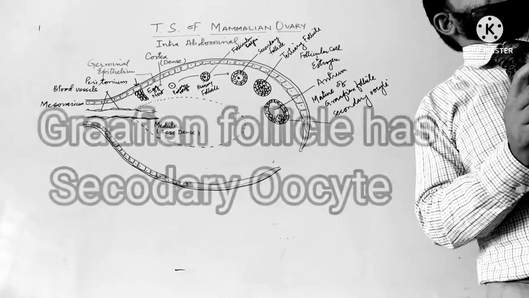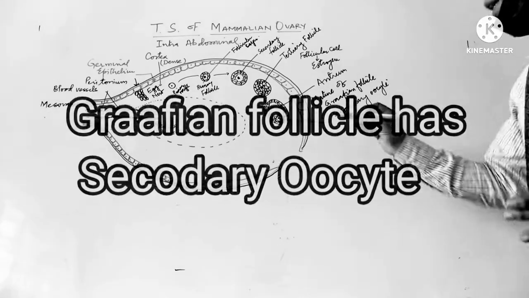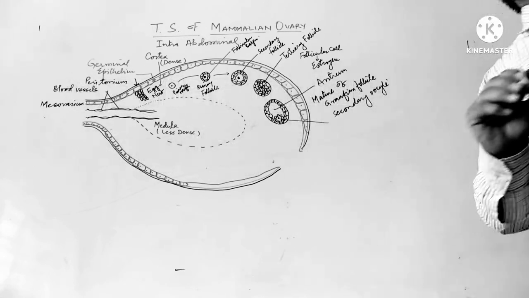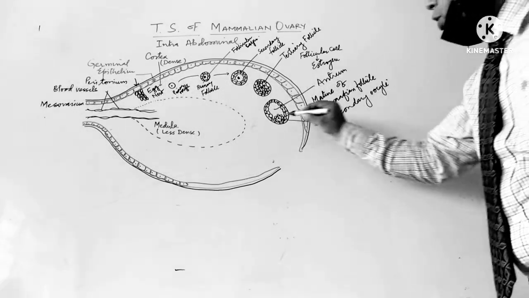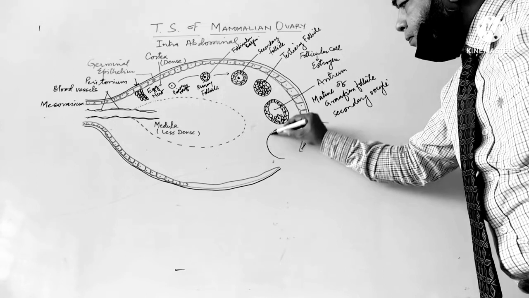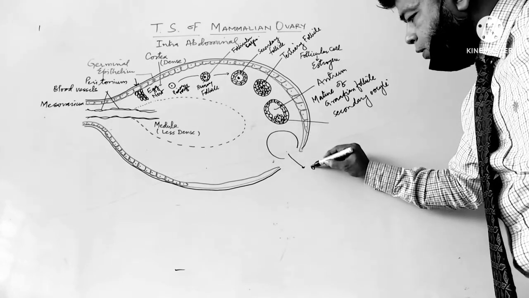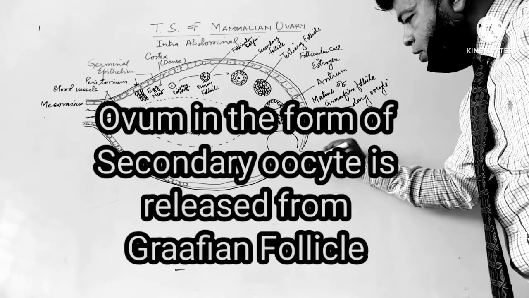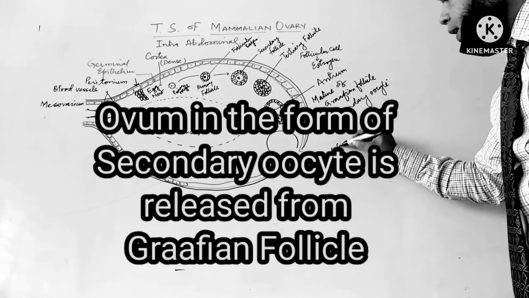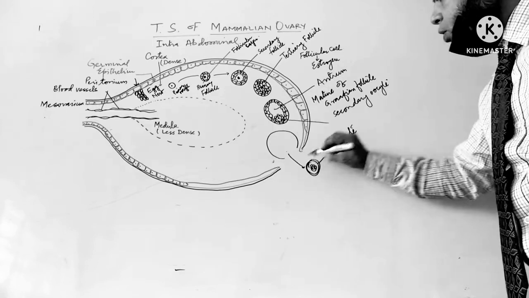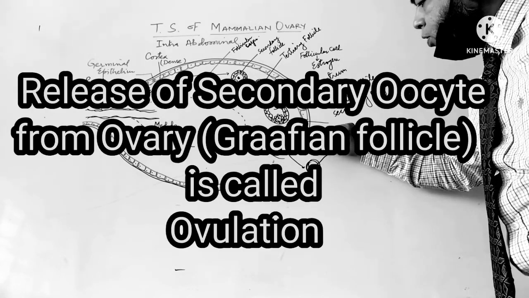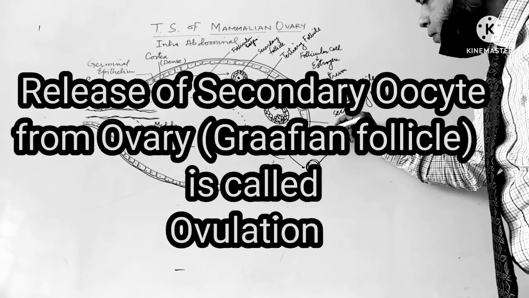Now what happens? During ovulation, this ovum is released. The secondary oocyte is released from the ovary by the process of ovulation.